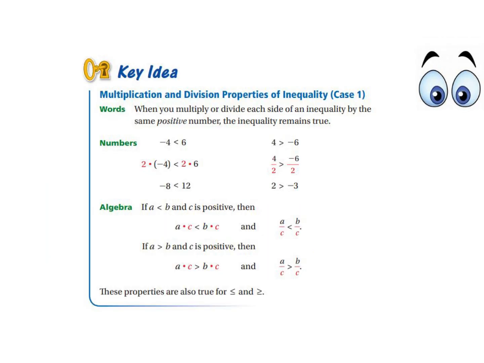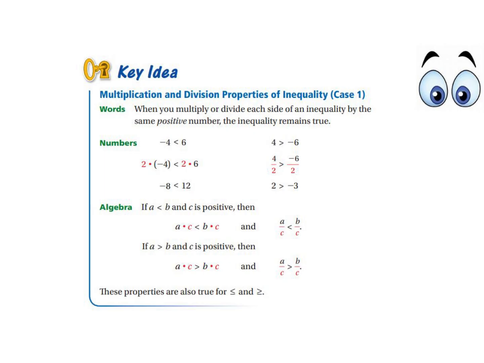All right, our key idea. There are actually going to be two different cases for this, and it has to do with what type of numbers we are working with. In the case that we are multiplying or dividing by a positive number, we have the same property as we did with equations. I can multiply both sides by the exact same number and I still get a true inequality.